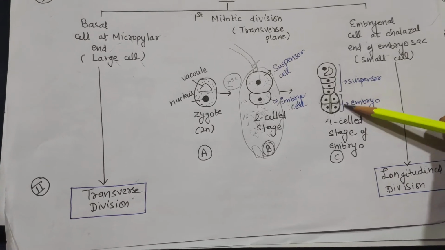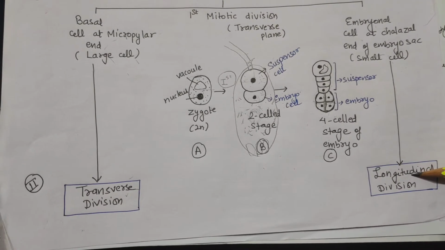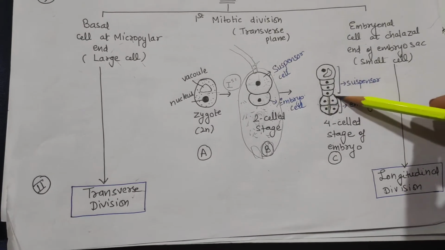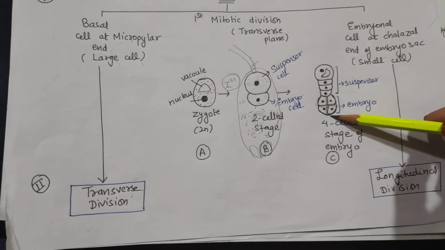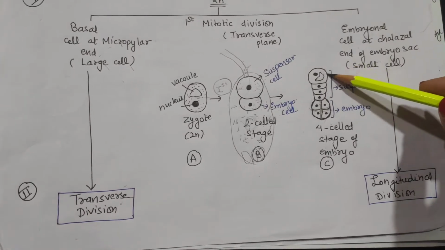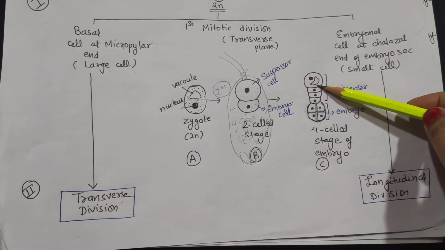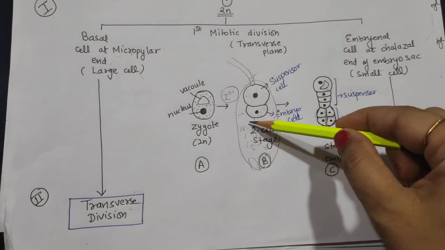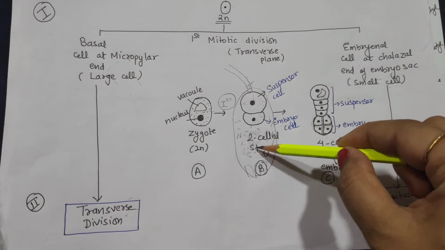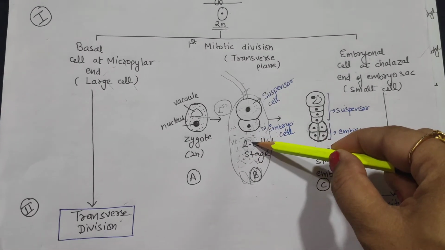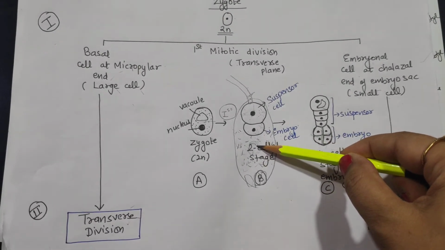And the embryo, where the first division is longitudinal and followed by a transverse plane of division, and we will get 4 cells, they are arranged in such a manner. Now the question arises, what is the function of the suspensor in this structure's development? As you know, here complete endosperm is present. The complete embryo sac is filled with a nutritive tissue called endosperm.